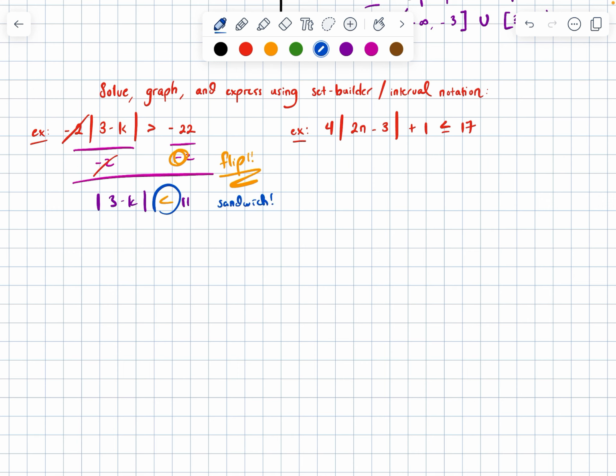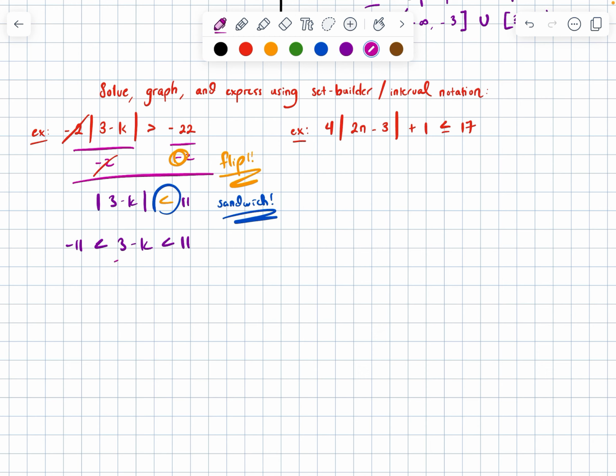This is going to be a sandwich. So I'm going to take my value of 3 minus k. It's going to need to be stuck between the positive 11 and the negative 11. And here, I don't have an or equal to, so both of the signs in my sandwich are going to get just a normal less than sign.